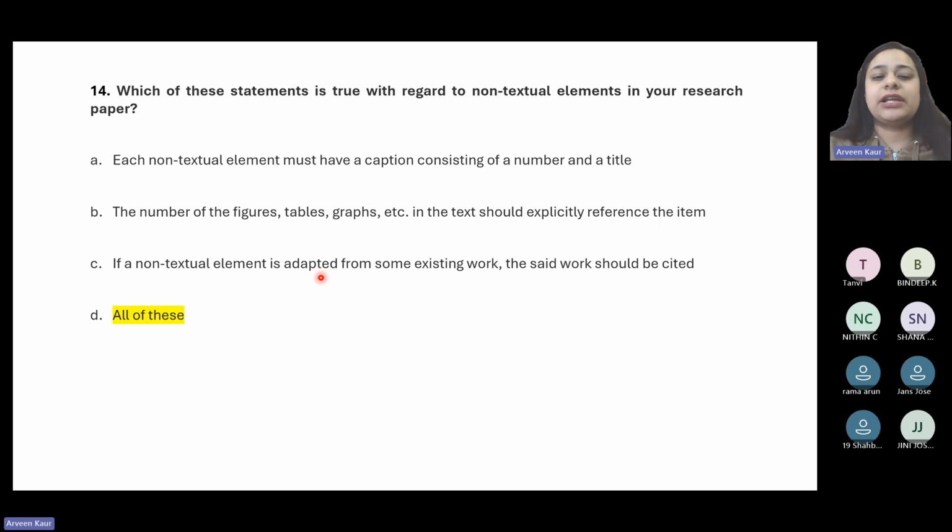If a non-textual element is adapted from some existing work, the said work should be cited. So this is very commonly done in case of review papers, for example, right? The review paper will probably be something where you are talking about some research topic, and you are taking up multiple original researches on that topic, or some older reviews also on that topic, and you are trying to summarize what is known in the field, right?